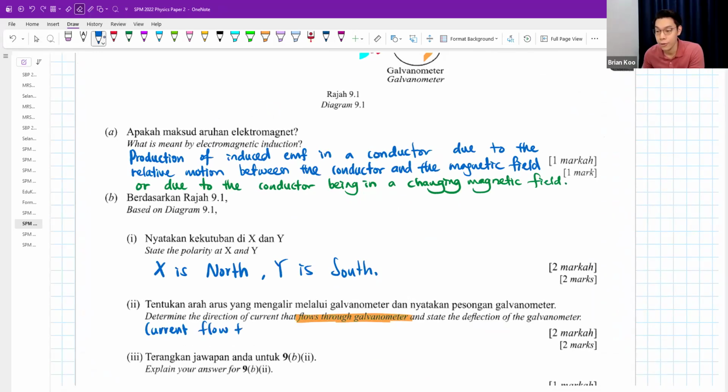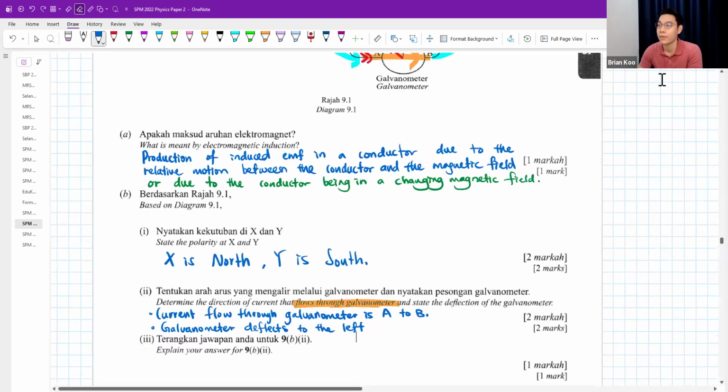Current flow through galvanometer is A to B, and the deflection of galvanometer, maybe I say galvanometer deflects to the left.